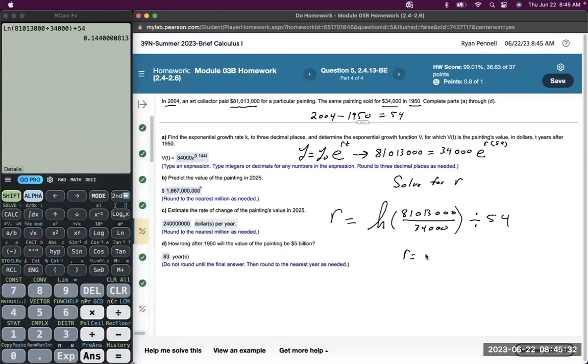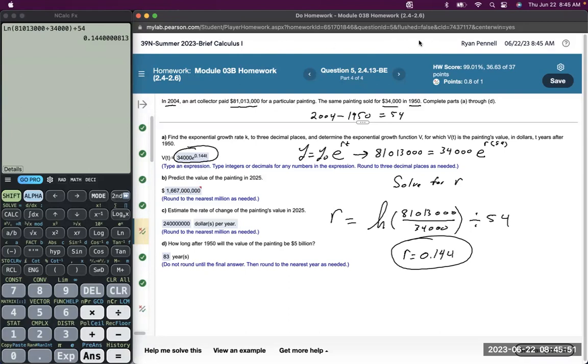So R equals 0.144. All right, and then you can see here, I just plugged in my model. So now we have V of t. So we see that it is exponentially growing continuously. Okay, so that's part A.